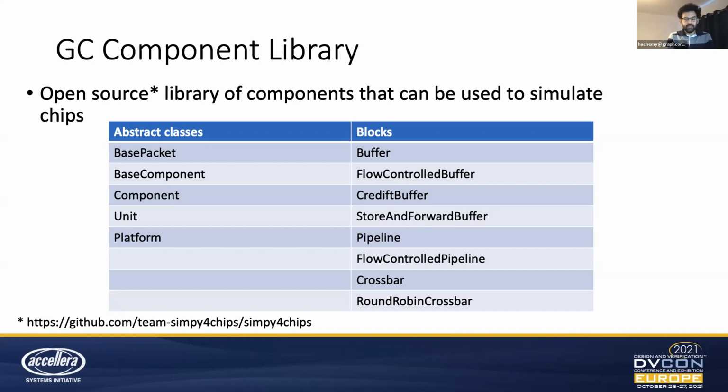For the actual components or blocks, we have built building blocks that are frequently used in chip design. These are a buffer in its different flavors, like flow control buffer, normal buffer, credit buffer, and store-and-forward buffer. The default buffer is basically a cut-through buffer. And then we have built also a pipeline and a flow control pipeline, a crossbar, which is a generalization of an arbiter with multiple inports and multiple outputs.